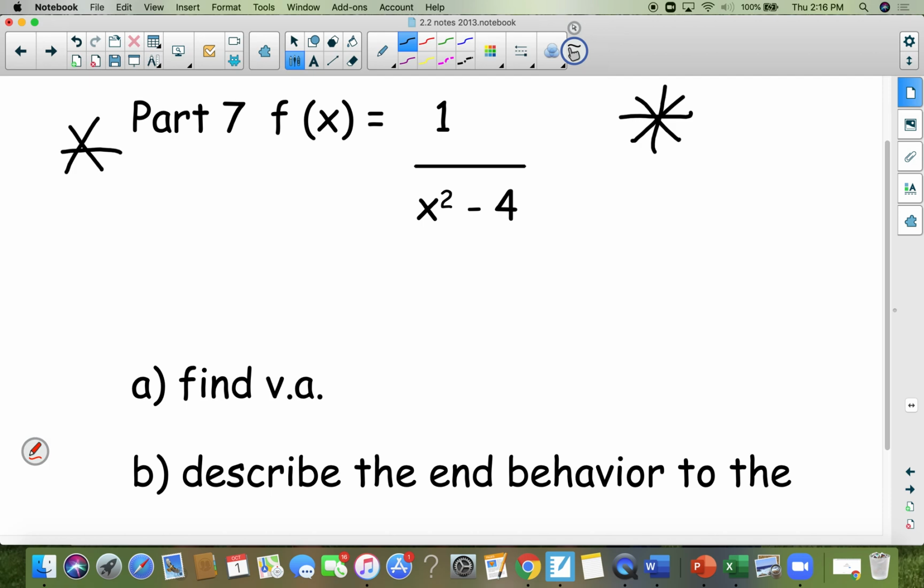Again, I'm going to show you what the picture looks like. If we had a lot of time, we could all sit and graph these, but we just don't have a lot of time. This is x minus 2 and this is x plus 2. There's a vertical asymptote at positive 2 and negative 2, right here and here. I just wish they would put the dotted line on here, but they don't.